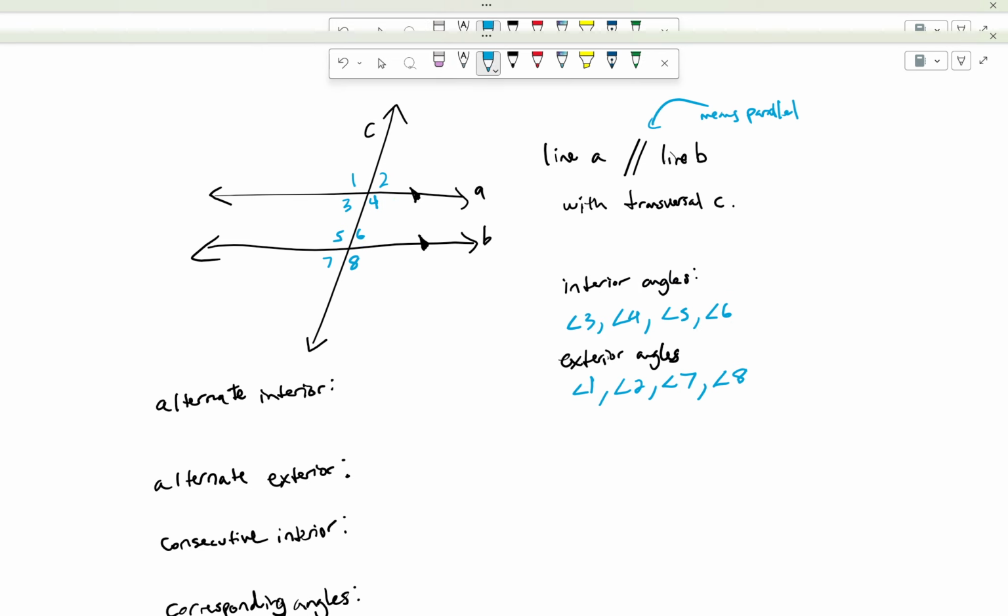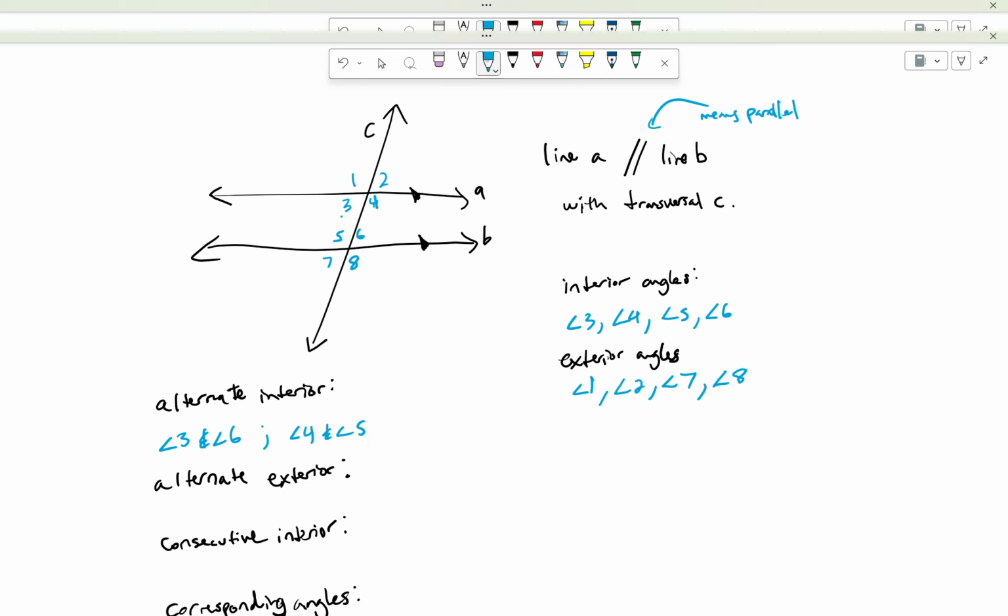Now, when it's alternating, it means it skips over or jumps over the transversal. So in this case, I have angles 3 and 6. These guys are going to be alternate interior. These guys are paired up together. Also, paired up together are going to be angles 4 and 5, right? Jumping over that transversal or alternating over it.